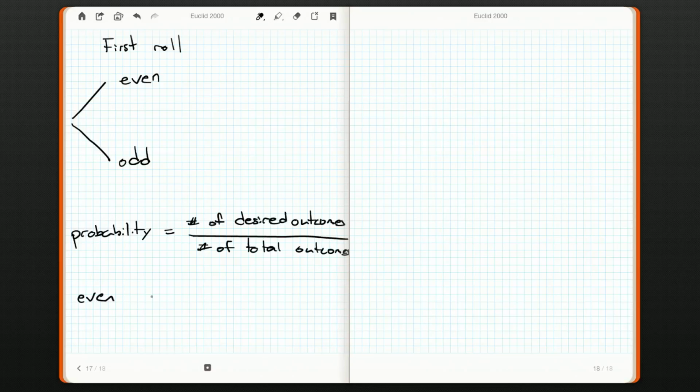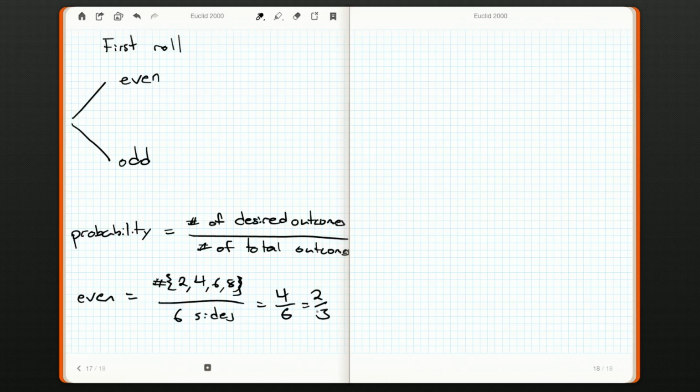So even, well, what even sides of the die do we have? 2, 4, 6, and 8 over 6 sides on the die. That's 4/6 or 2/3. The odd should be the remaining 1/3, but let's just double check.